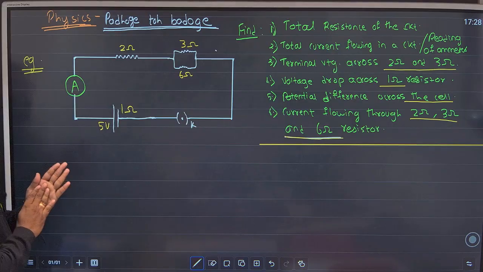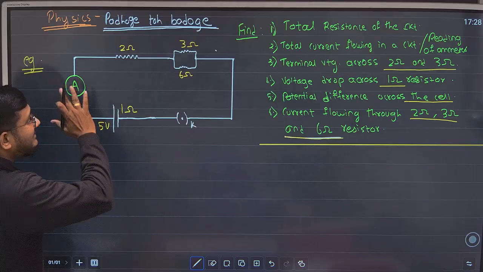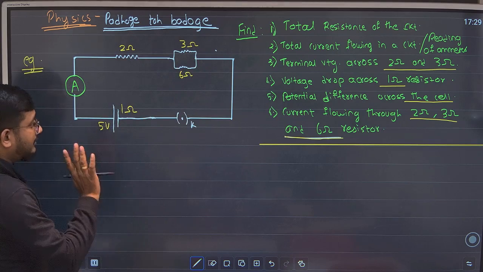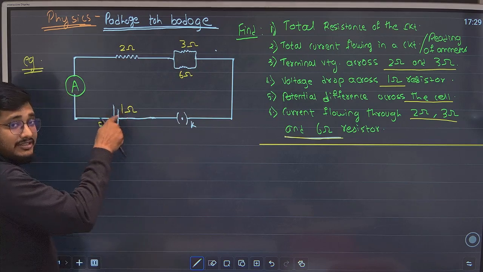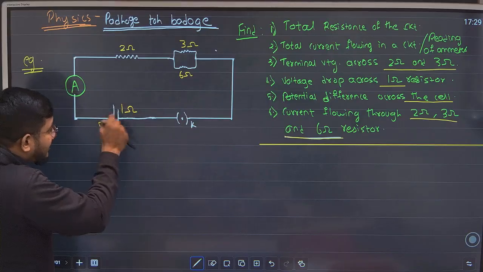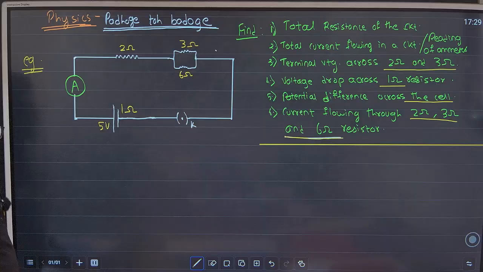So let us start. Again, padhoge to badhoge. See this circuit now. You will see there is a cell of 5 volt. The resistance value near the cell, when we write 1 ohm, 2 ohm, is the internal resistance, connected to an ammeter.